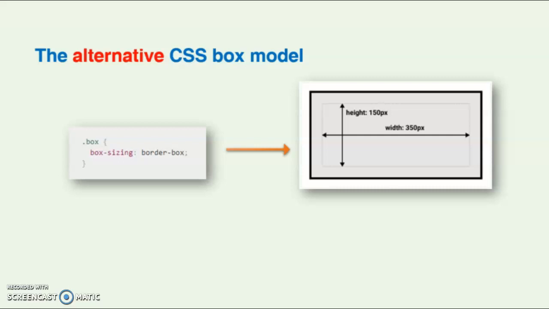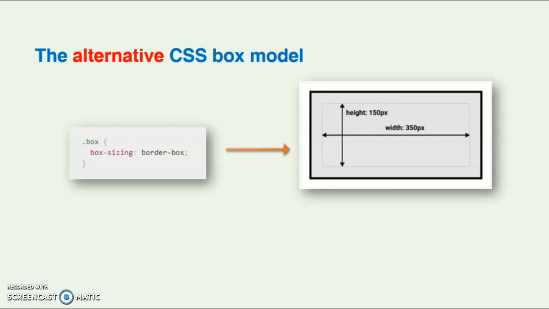Using this model, any width is the width of the visible box on the page. Therefore, the content area width is that width minus the width for the padding and border. The same CSS as used would give the result of the width 350 pixels and height 150 pixels.